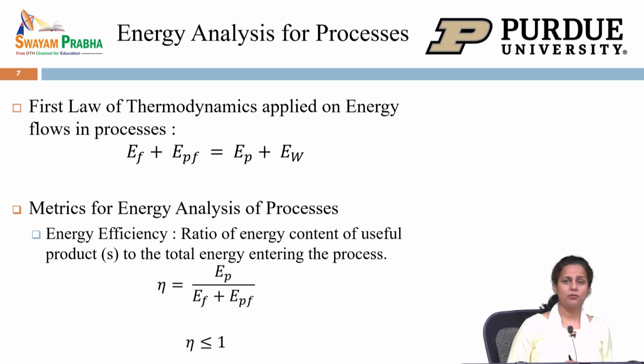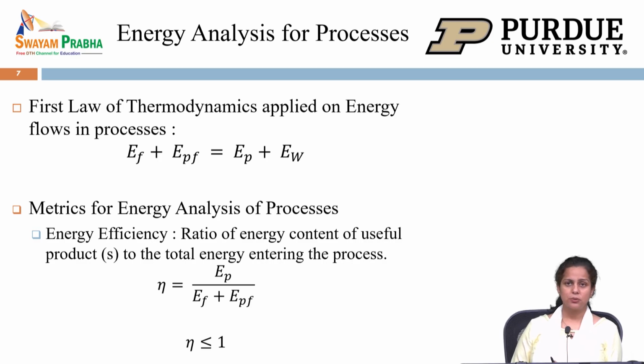So, once you have all of these flows that you map for your process, then we can go for the metrics that can be used. The first metric that you might be aware of if you have taken any engineering courses is the energy efficiency. Energy efficiency is simply defined as the ratio of energy content of useful products to the total energy entering the process. So, your eta is given as EP divided by EF plus EPF.